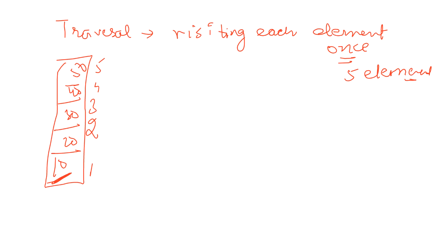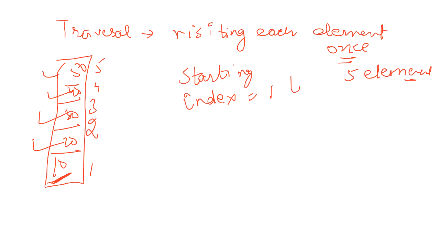So I will look at first 10, then visit 20, then 30, then 40, and then 50, and then I have to stop. So what is my starting point? I am starting from index 1 and going up to index 5. Or you can say I am starting from the lower bound and going up to the upper bound. Am I right? So you have to reach every index, and at every index you have to process the element present at that particular index.